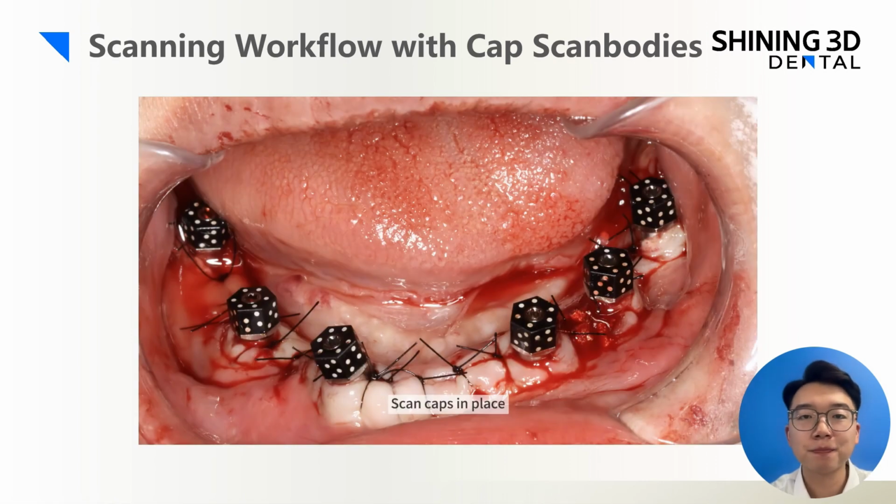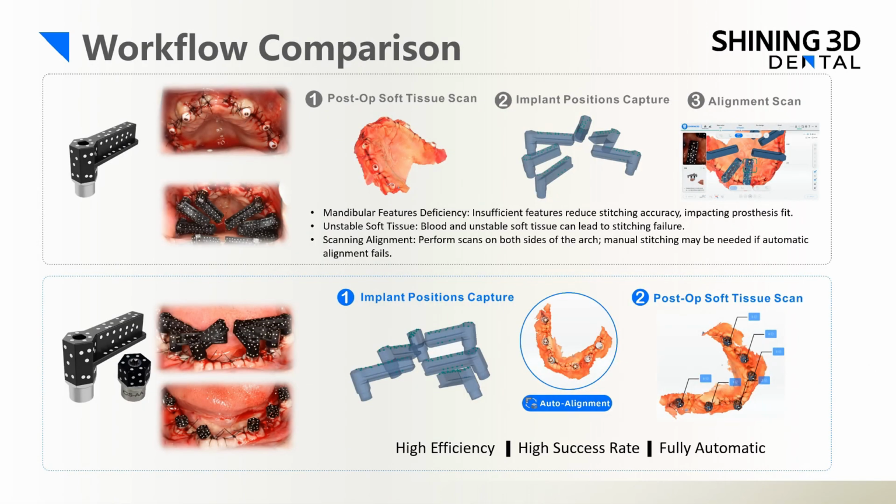Now, since we have a basic understanding of how the whole Cap Scanbody workflow works, we can do a comparison between with and without the Cap Scanbody to do the alignment with the accuracy code Scanbody and the soft tissue. Without the Cap Scanbody's help, we can do an alignment as well.